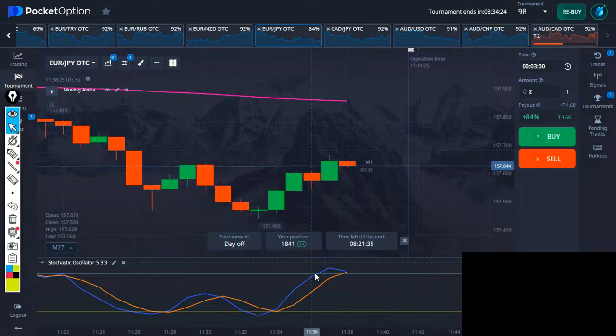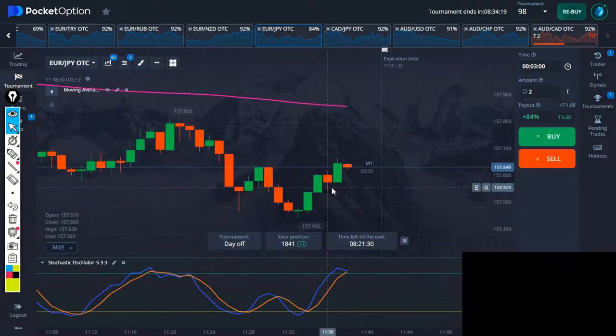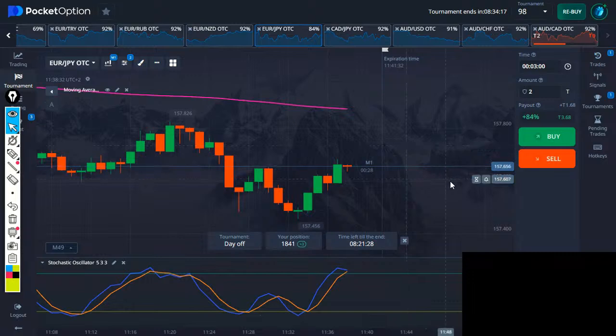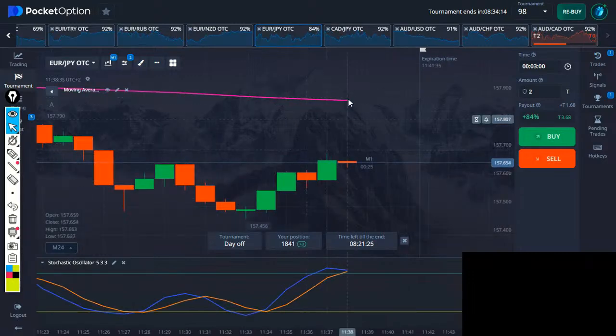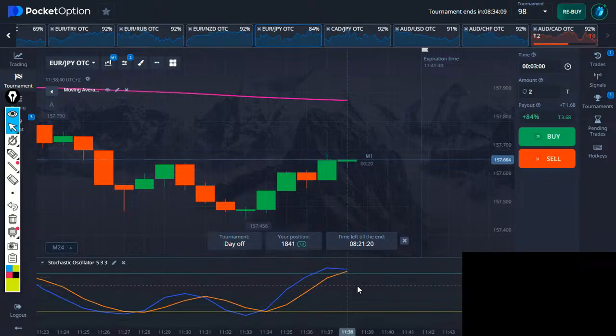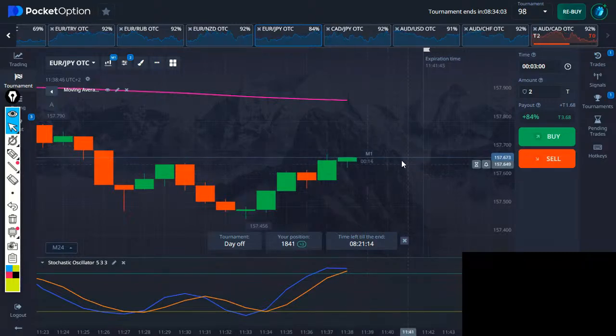We have an overbought condition on the stochastics. The price is below the EMA. We have two confirmations till now. We need the third confirmation, which is a clear cross to the downside from the stochastics upon the closure of this candle. Let's see.